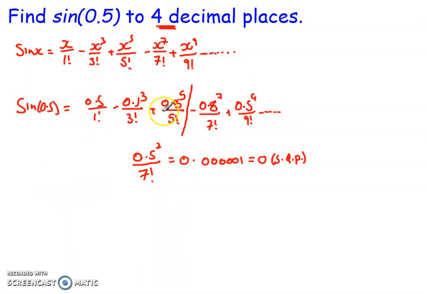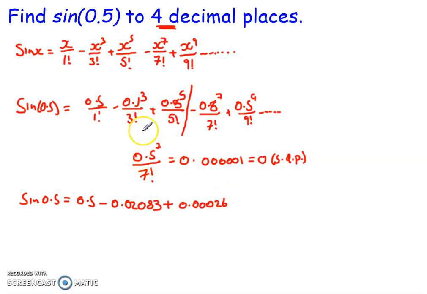I can then just go through all of these, plugging them into a calculator and seeing what I get. And I'd then be able to say that sine is 0.5. If I do each term on its own, I get 0.5, take away 0.02083, plus 0.00026, and then I can stop at that point.